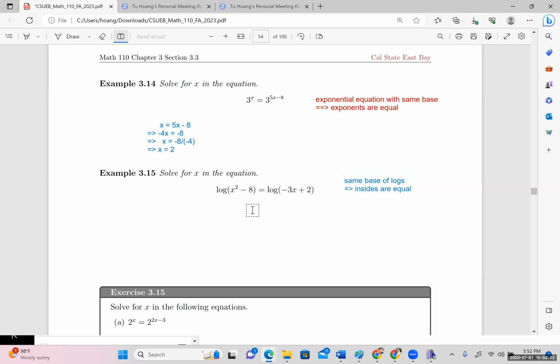So I will have x squared minus 8 equal to negative 3x plus 2. I don't even have to have the parentheses. I just forget the log. I don't need the log anymore, right?